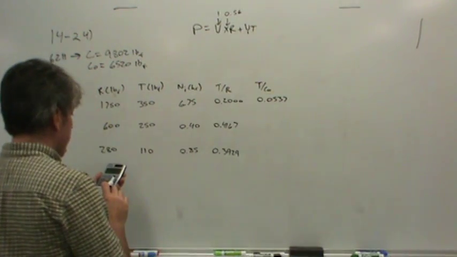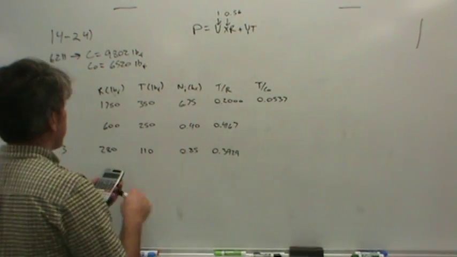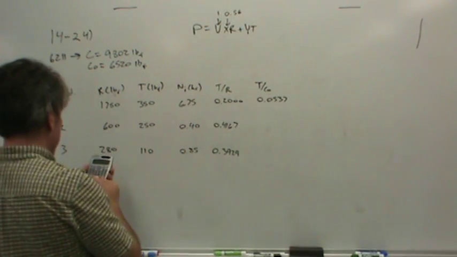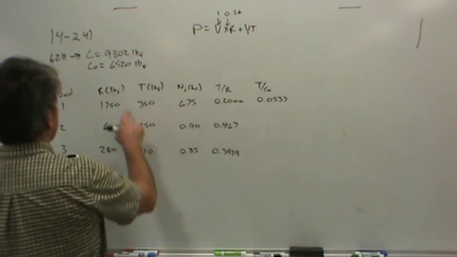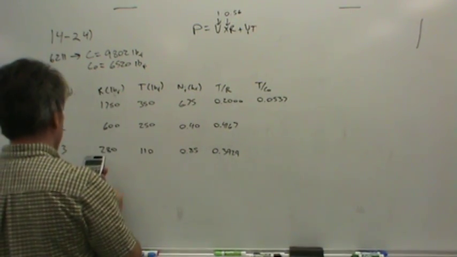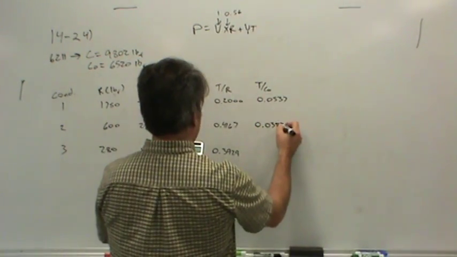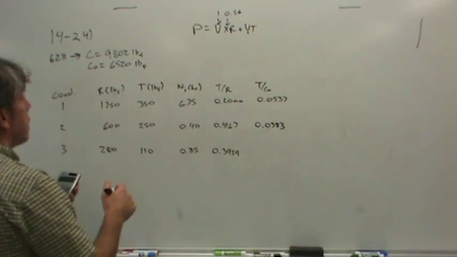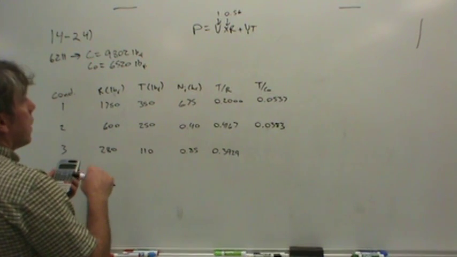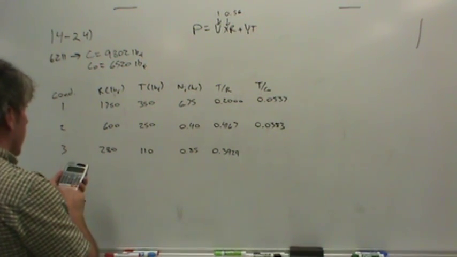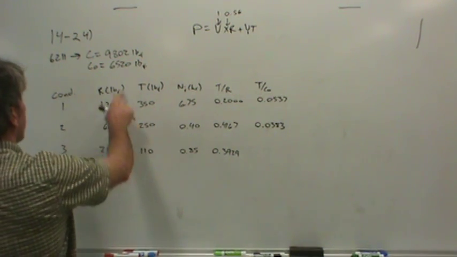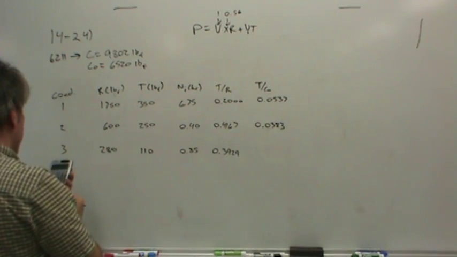Too many decimal places, but there it is. We'll do the same thing for the next. 250 over 6520. 0.0383. And then finally, the thrust load of 110 over 6520.